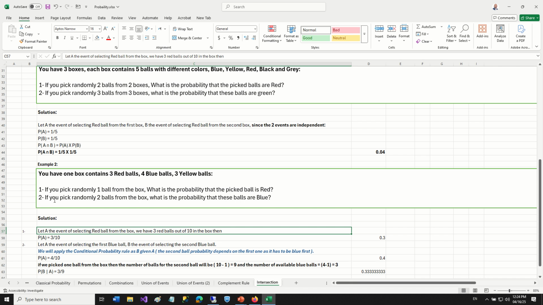Let A, for number 1, be the event of selecting a red ball from the box. Now, we have 3 red balls out of 10. So the probability of A equals 3 divided by 10.